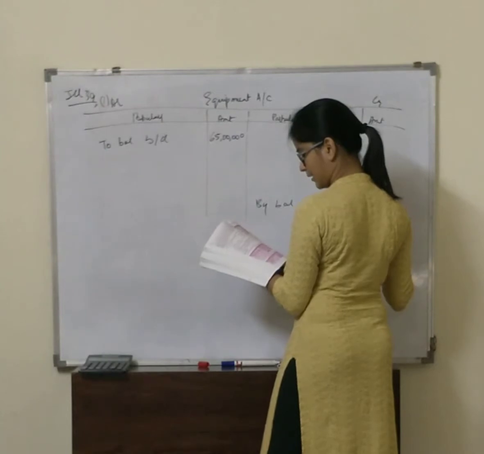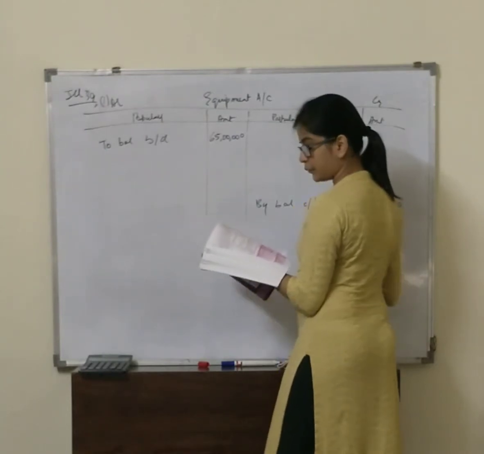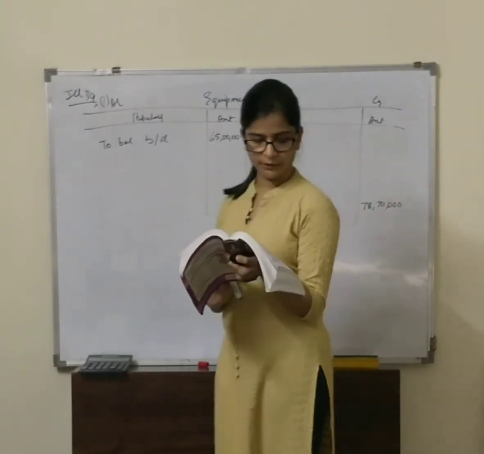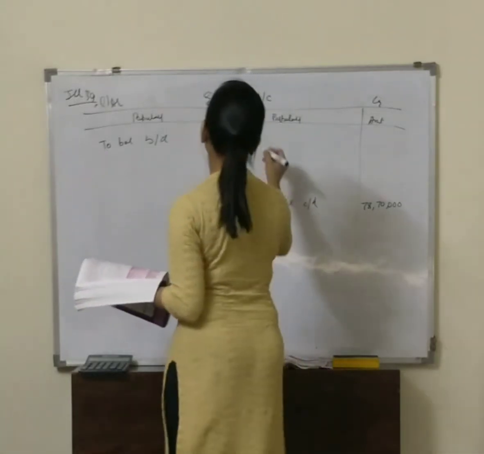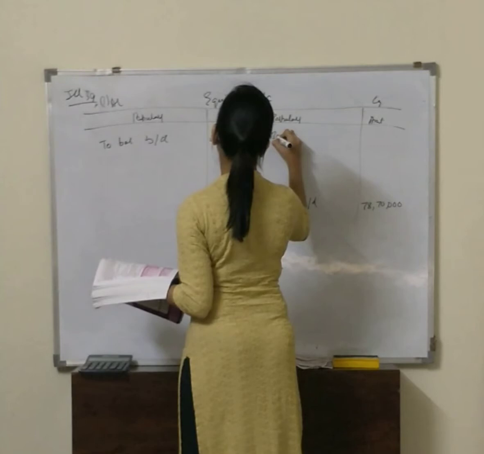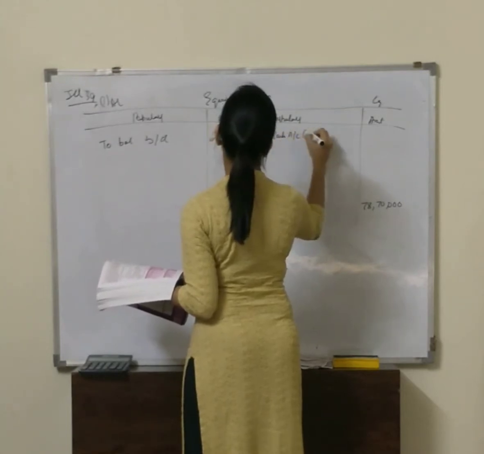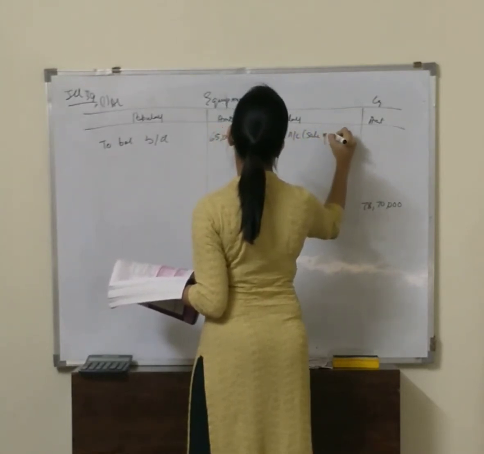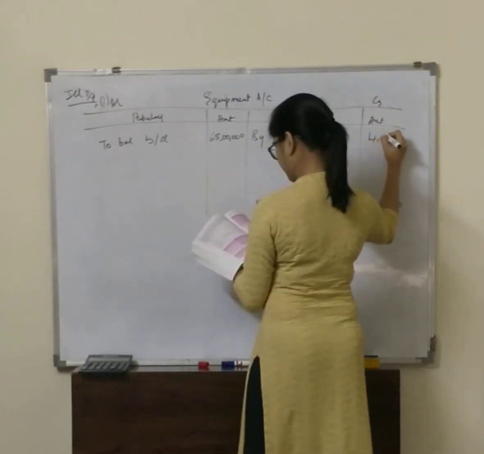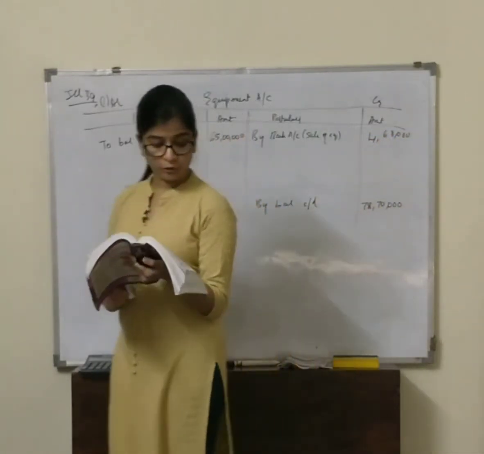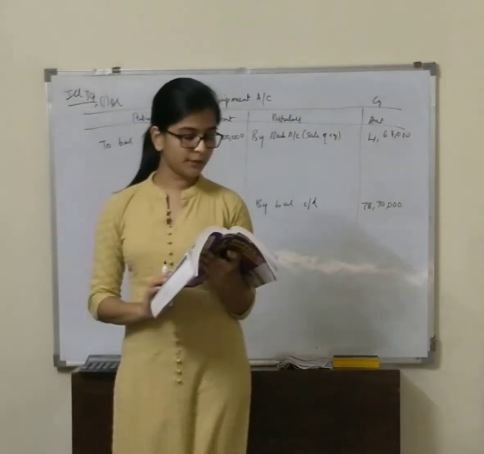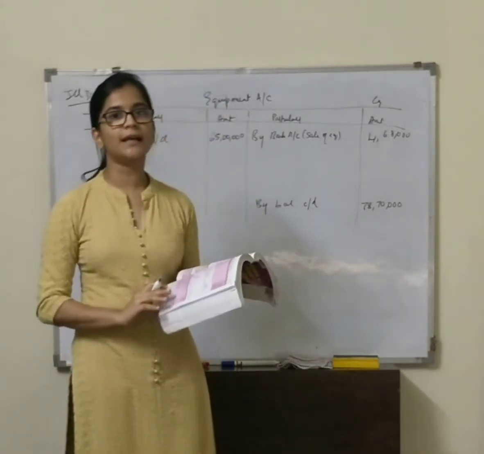Next we have the equipment which costed 12,30,000 was sold for 4,68,000. So there is a sale by bank account, sale of equipment. How much? 4,68,000. In the problem they have also given us accumulated depreciation thereon, 7,18,000.